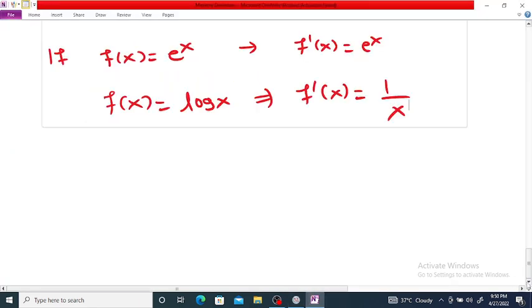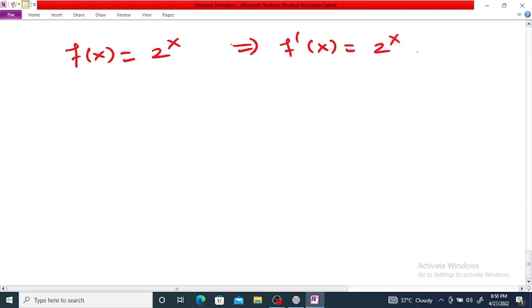The next function is the exponential function. If f of x is equal to 2 raised to x, then f dash x is equal to 2 raised to x log 2.